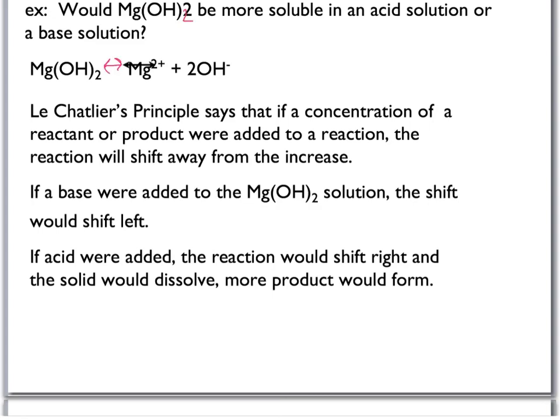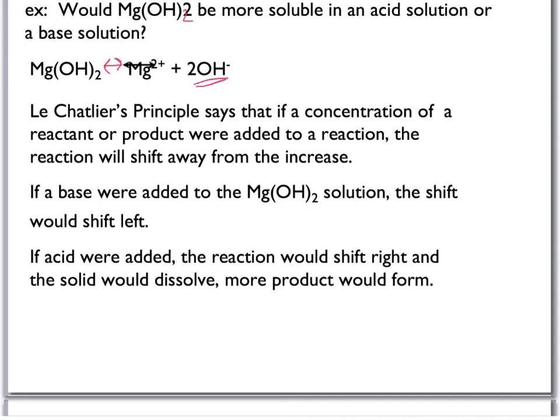Le Chatelier's principle says that if the concentration of a reactant or product were added to a reaction, the reaction would shift away from the increase. So if we add more base, a strong base, we're going to add more OH- ions to the reaction.